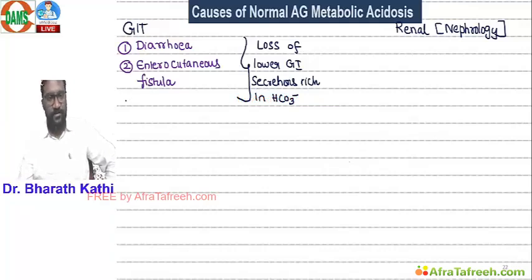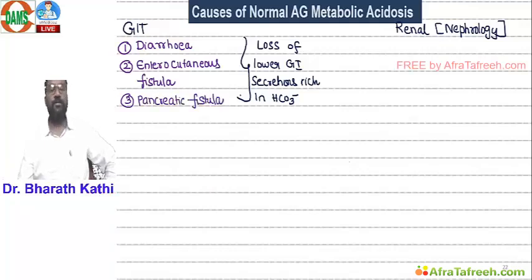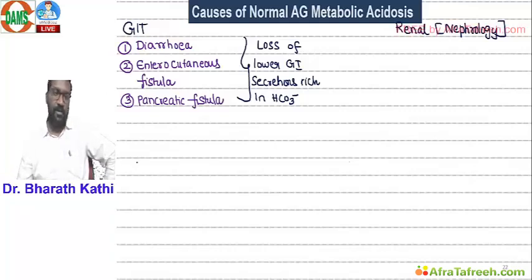Lower GI secretions rich in bicarbonate. Pancreatic fistula. What is the most common source of bicarbonate to your lower GIT? Pancreas. Whenever there is an opening from the pancreas to outside, bicarbonate rich secretions are lost.